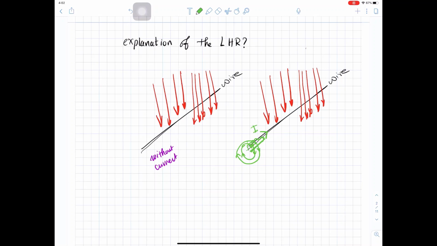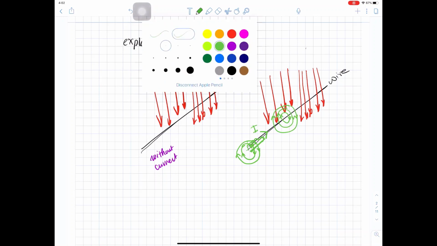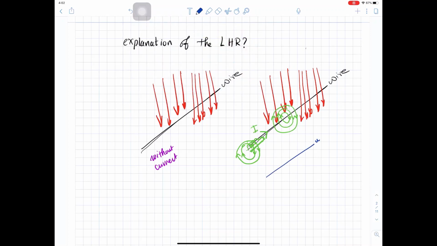So according to the right hand rule, you hold the wire with your right hand, your thumb points in the direction of the current, and your fingers show you the direction of the flux. So there will be flux lines around the wire, going up in this direction and going down in this direction. So if we look at the wire, here is the wire.